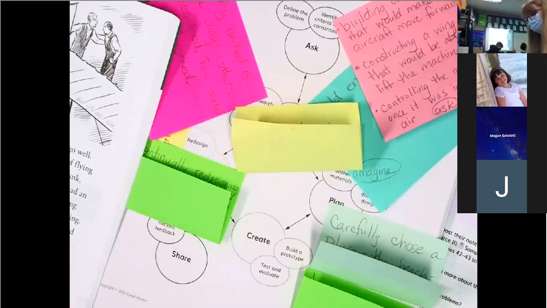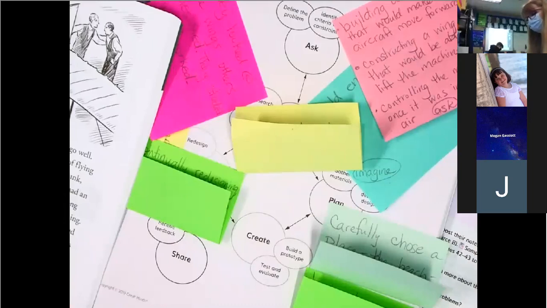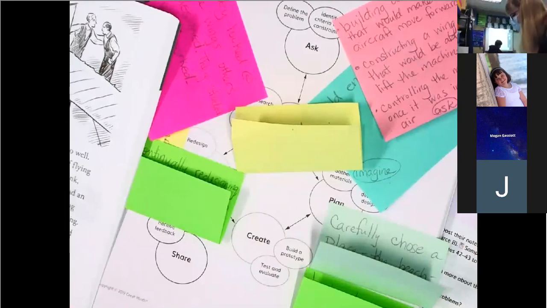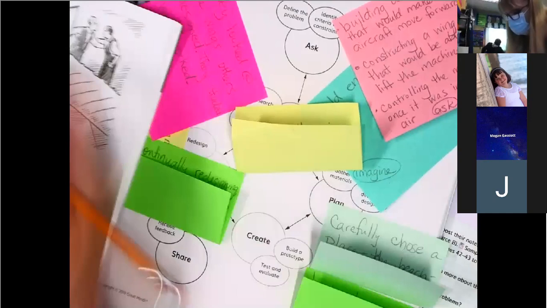So let me pause. Did they just share what they had been doing? Yes. Did they go and make a speech to other people about what they did? Yes. Okay, is that one of the steps of the engineering process? Yes, that's true. It is. So let's write that with share, okay? So 1901.